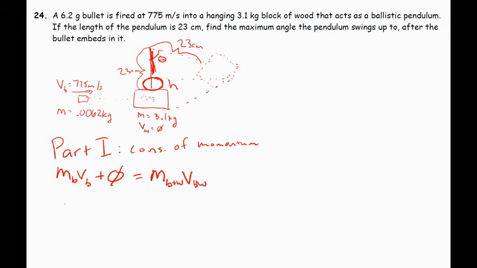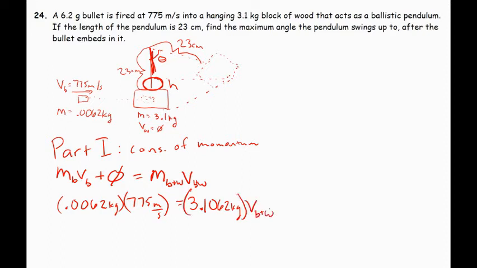So we end up getting 0.0062 kilograms times 775 meters per second is equal to the mass of the wood plus the mass of the bullet. So it's going to be 3.1062 kilograms times the velocity of the bullet plus the wood. Okay. So what is this telling us?